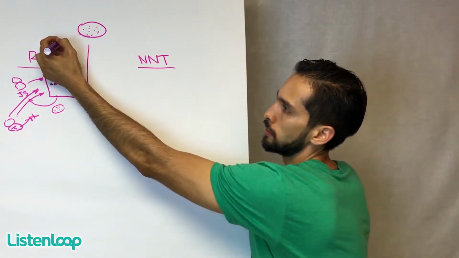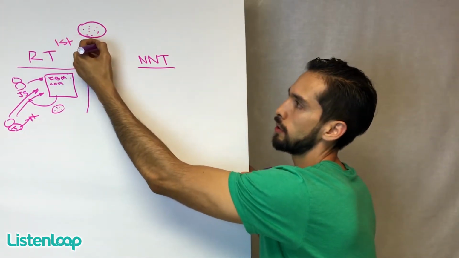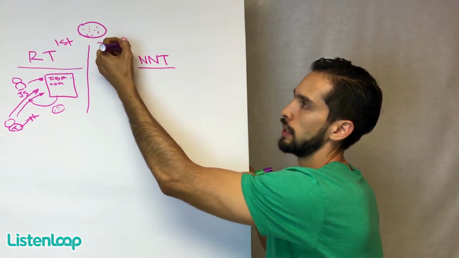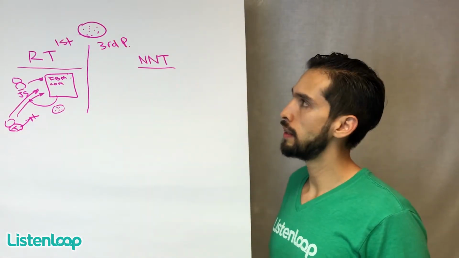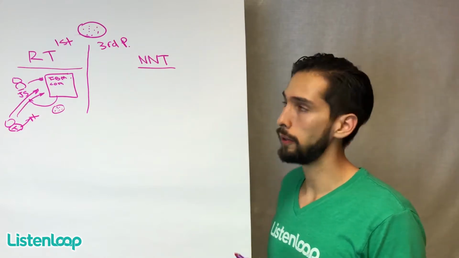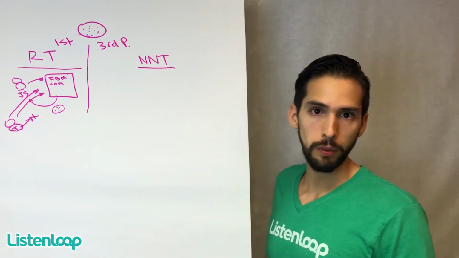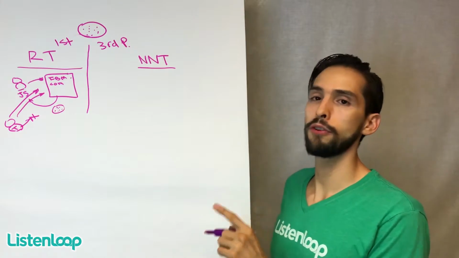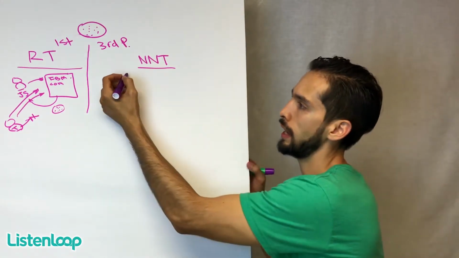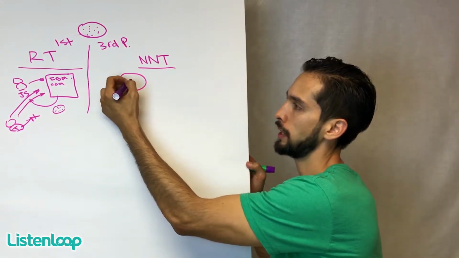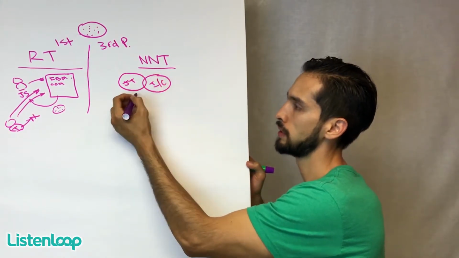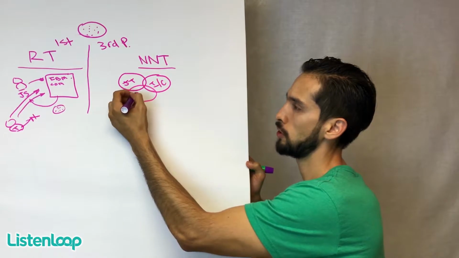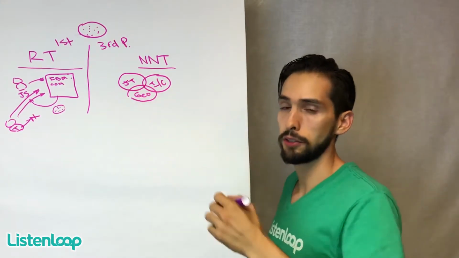If retargeting is first party, NNT uses third-party cookies. These are cookies that have been collected by different data providers and license that data for sale by vendors like ListenLoop on your behalf. So now with third-party cookie data, we can get information about job titles, we can get information about industry and company segments, and we can get information about geolocation when the ad is served.